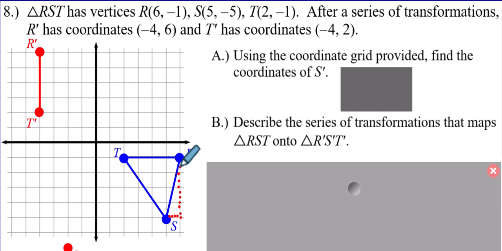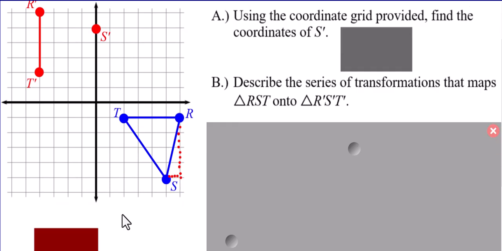So instead of going 4 down, I'm going to go 4 to the right, which actually puts me on the axis conveniently. And instead of going 1 to the left, I have to go 1 down. And I can go ahead and draw that point. Now, does that look like the right spacing here? Right 4, down 1, down 4, left 1. Yep, that seems to match up.